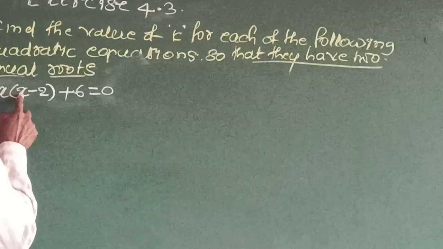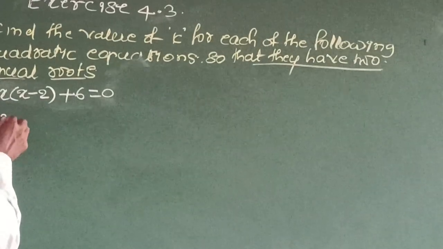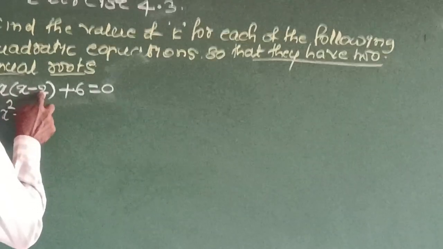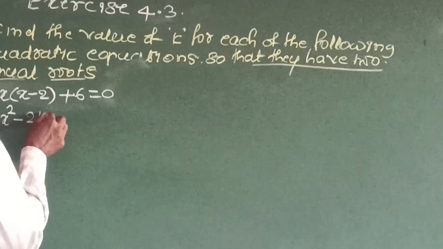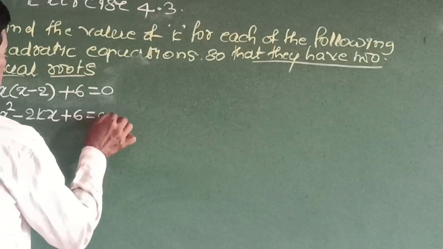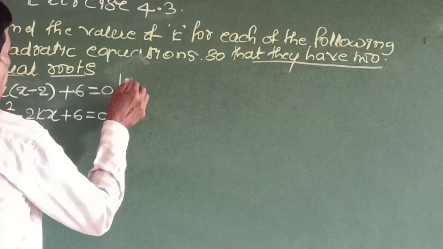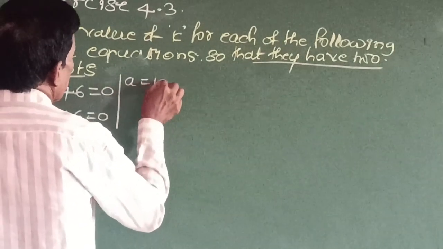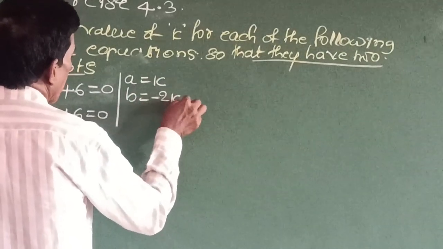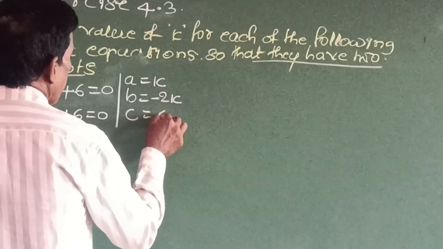Next equation: kx into x, kx square, minus kx into 2, so minus 2kx plus 6 equal to 0. Here a is k, b is minus 2k, c is 6.